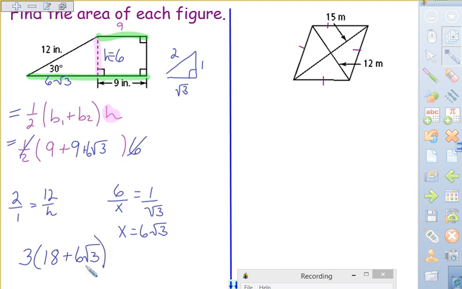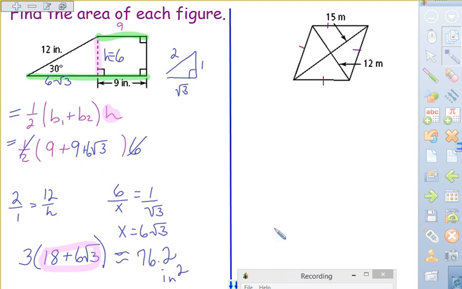So on my calculator, I'm going to get 18 plus 6 roots of 3 on there first. And then I'm going to multiply that by 3. And I get 76.2 square inches.